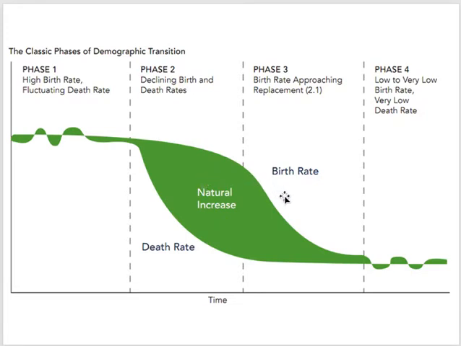And then in phase 3, you see the birth rate really starting to get low and almost equaling the death rate. So that means we get this stable population growth. And in phase 4, we have very low birth rates, sometimes not replacement rate, and also very low death rates. People are living a long time. And so you see this down here.